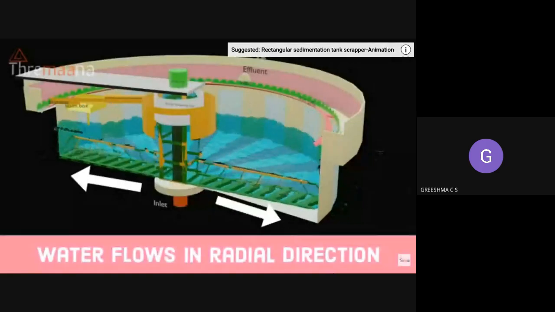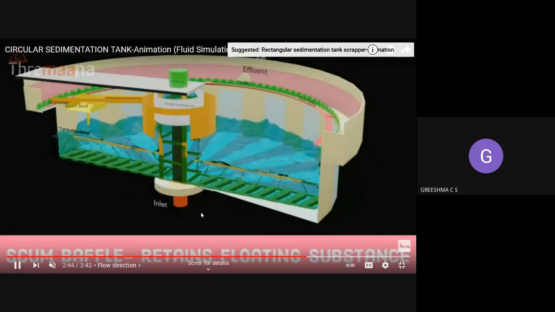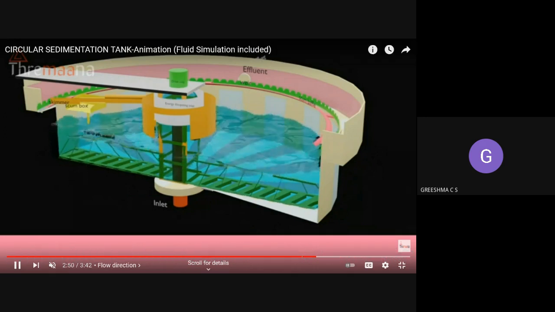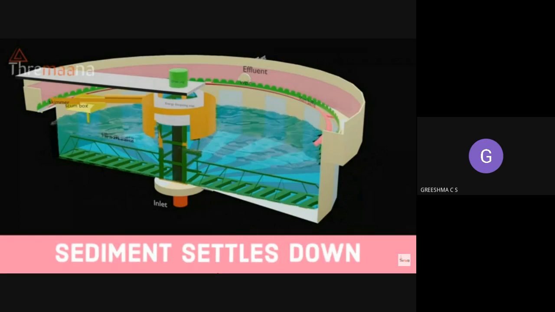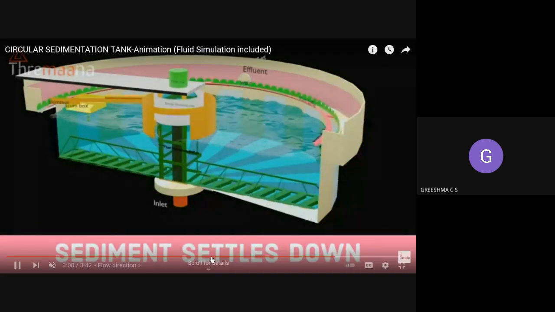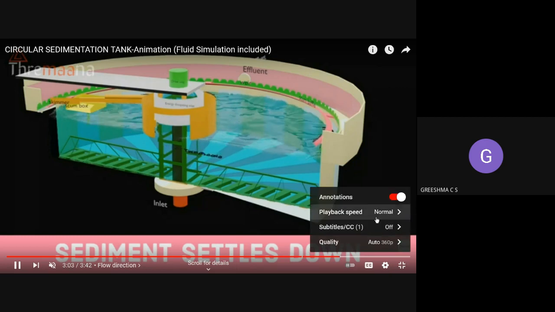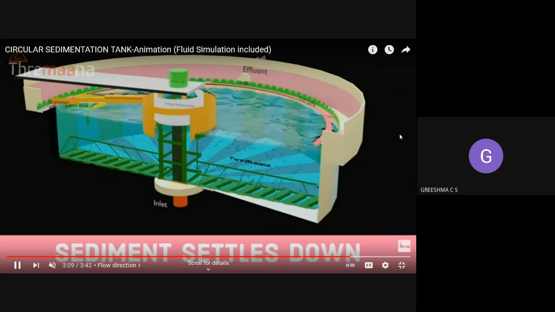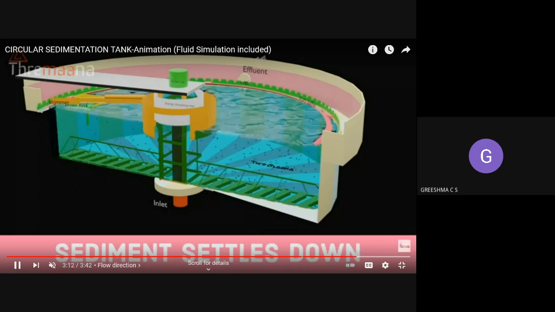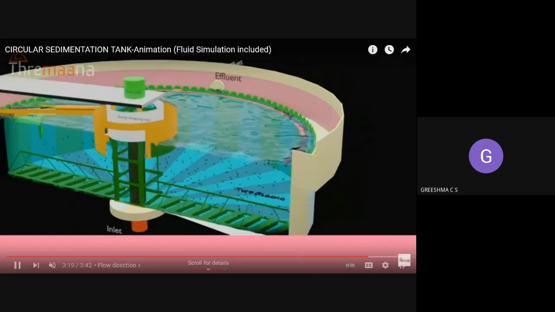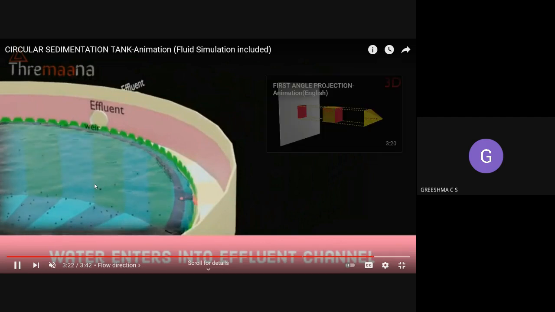So this is how water will be entering through the bottom of the circular sedimentation tank. After that, you can see the deposited sludge, the sedimented particles deposited at the bottom.